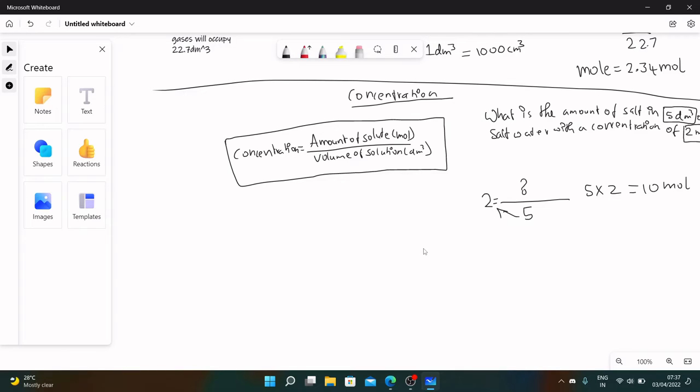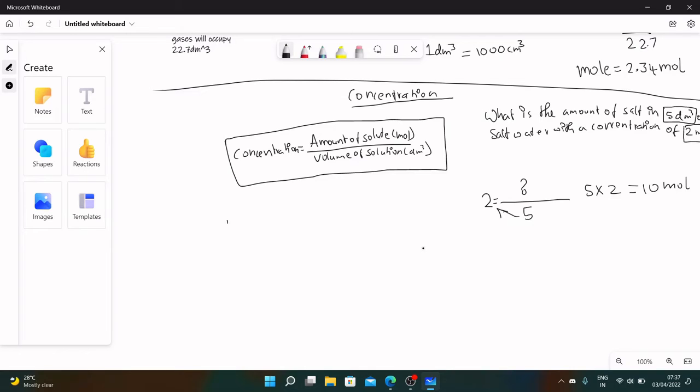But this question is going to have more than just concentration. We have learned all the basics, so we are going to look at a question that involves calculations where we have to use more than one formula.